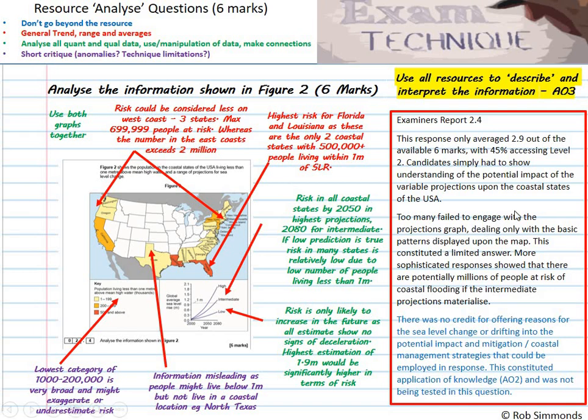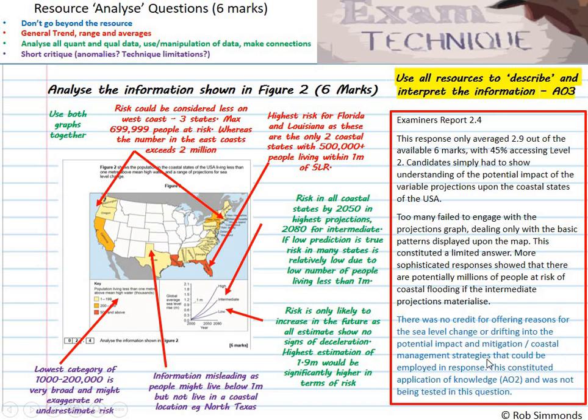It says here, too many failed to engage with the projections graph and dealt only with the patterns on this map, highlighting the importance of all of these green annotations. We want to make links between whatever we can see. And most importantly, down here at the bottom it says there was no credit for offering reasons for the sea level change or drifting into the potential impact and mitigation management strategies that could be employed in response.